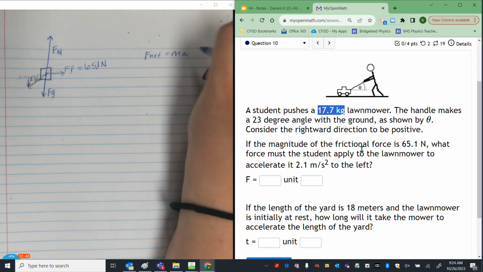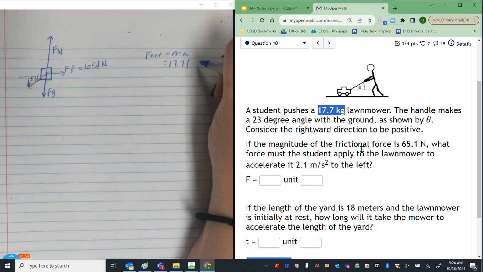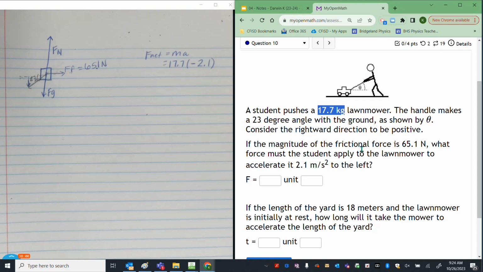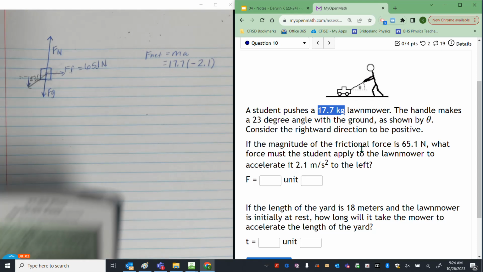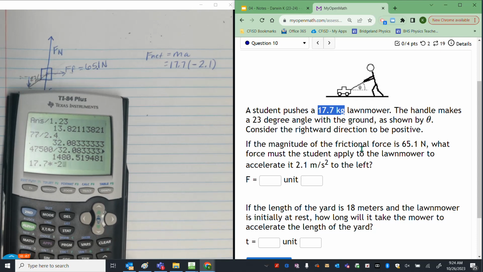Mass in this case is 17.7. The acceleration is 2.1 meters per second squared to the left. That's going to be negative 2.1. And so I'm going to multiply 17.7 times negative 2.1, and I'm going to get negative 37.17 as my net force.